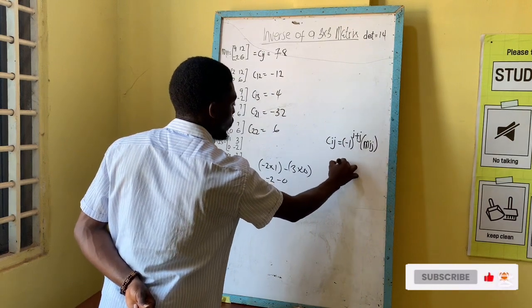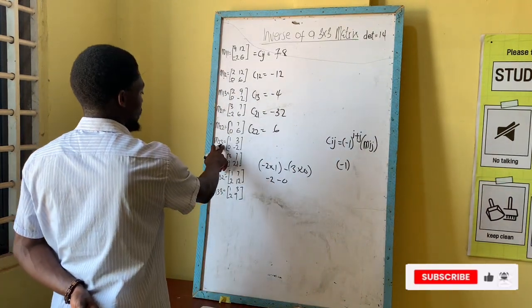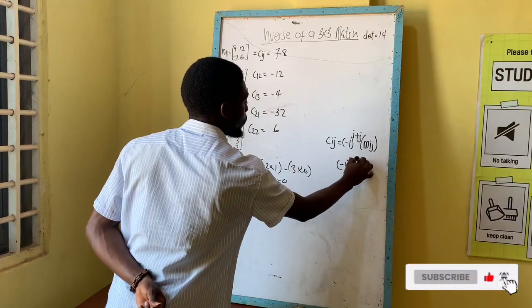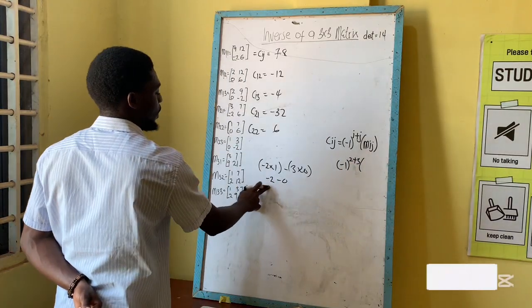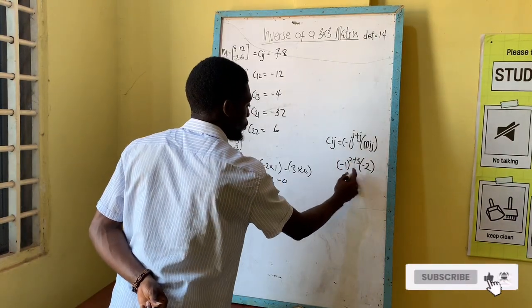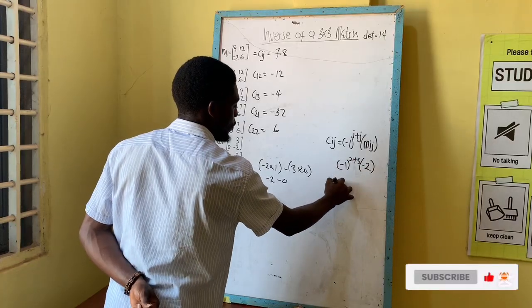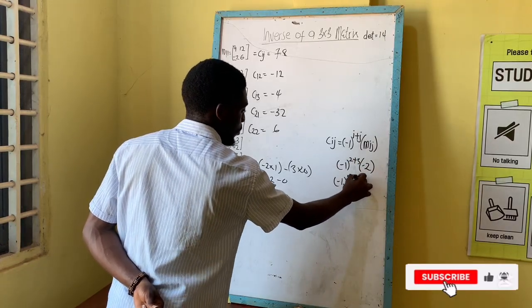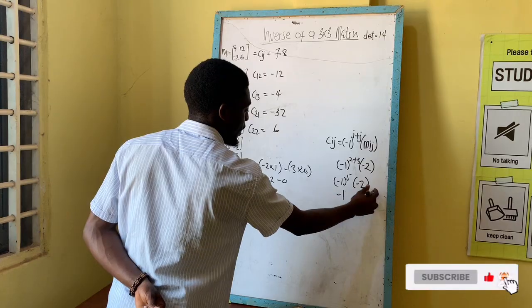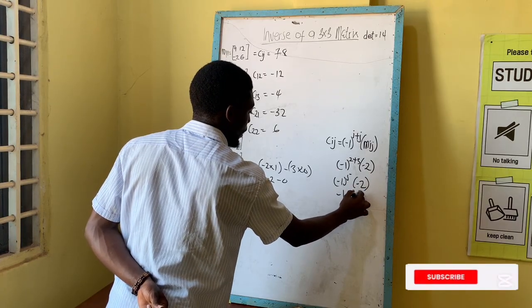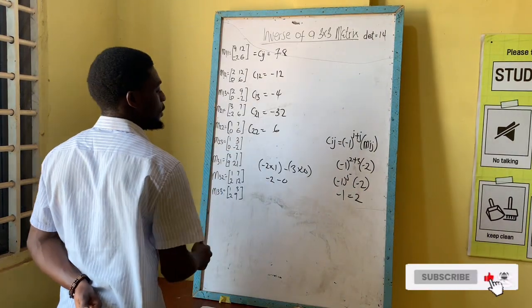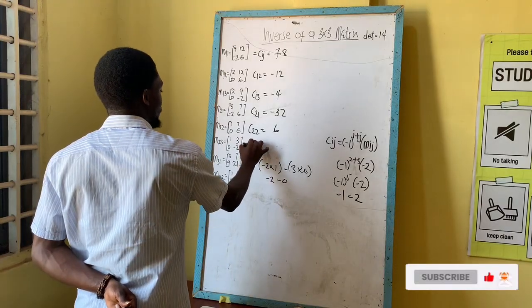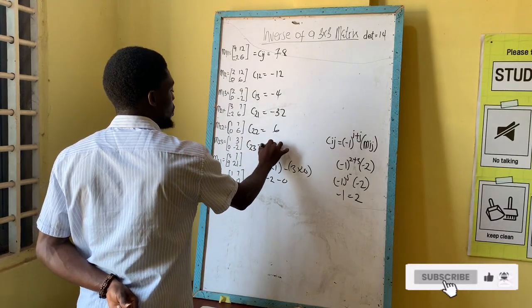We have -1, which is 2 plus 3 here, multiplied by the determinant, which is -2. So we have here to be 5. -1 to the power 5 is negative, multiplied by -2. So negative gives us positive. So cofactor 2 3 is +2.